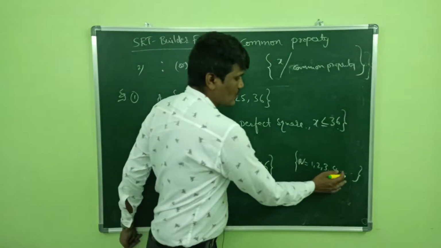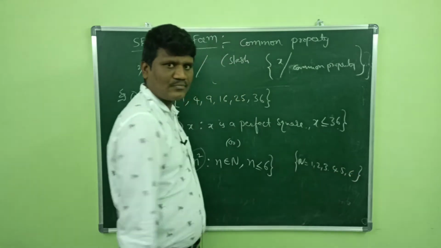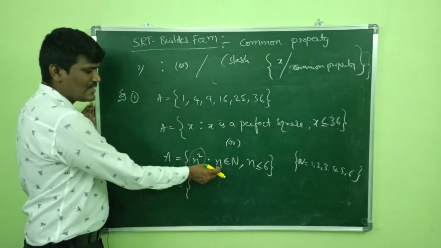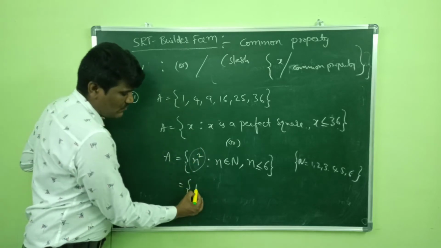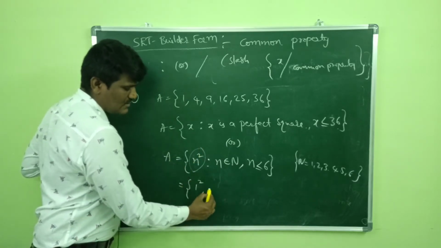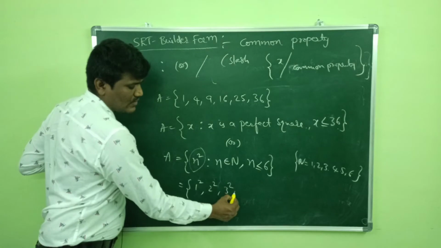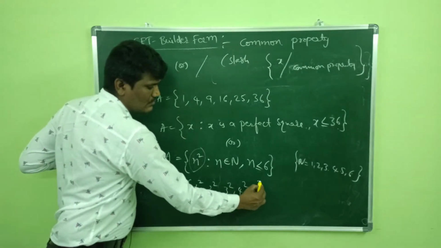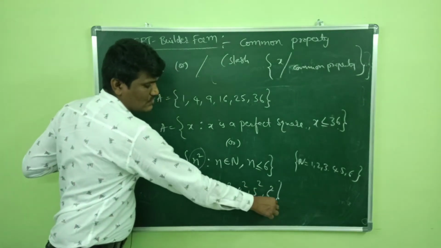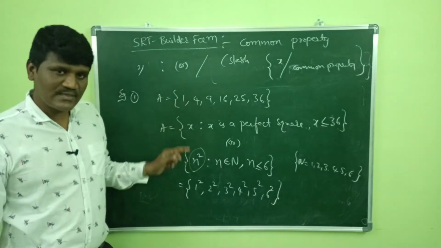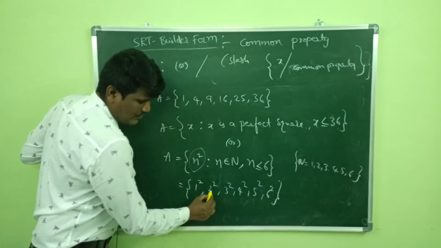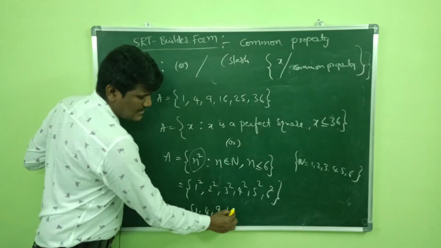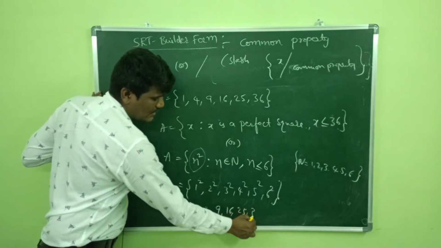Always small n is from the natural numbers. n square means 1 square, 2 square, 3 square, 4 square, 5 square, 6 square. Now observe, both are the same: 1 square is 1, 2 square is 4, 9, 16, 25, 36.